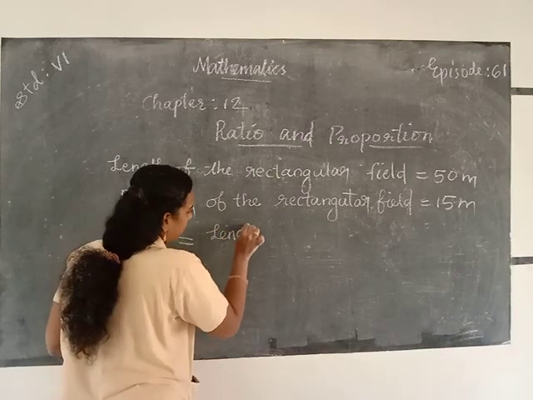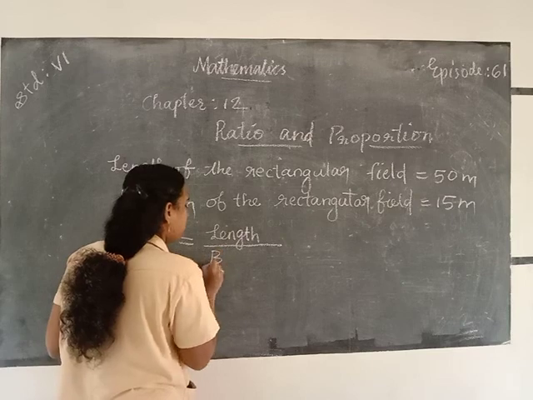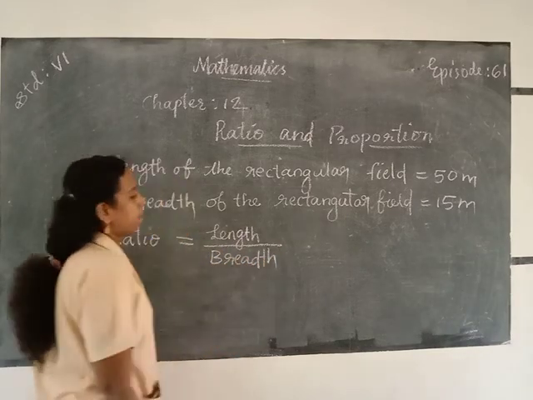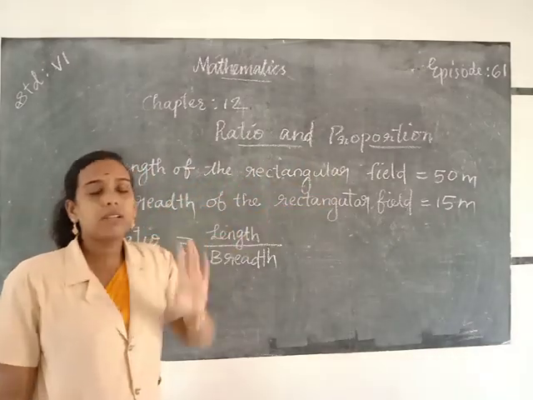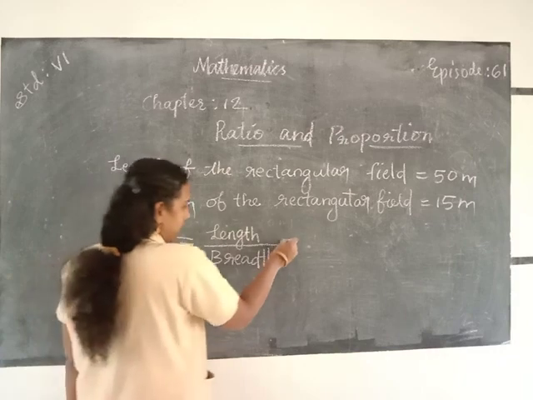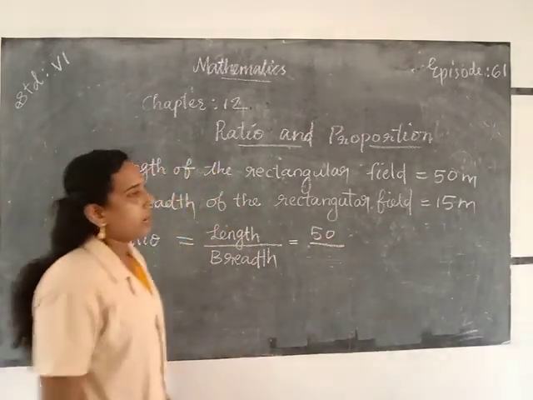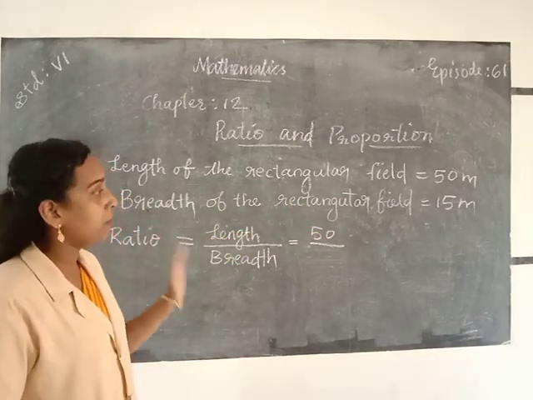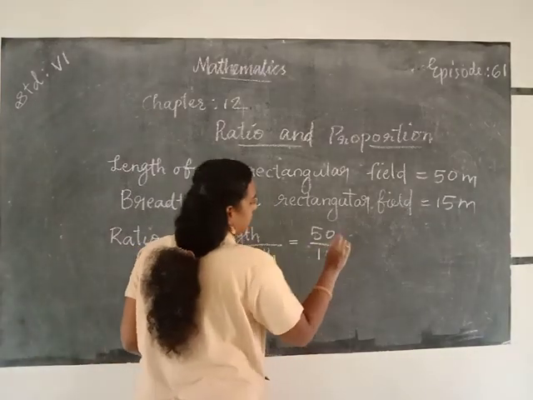Length of the rectangular field is equal to 50 meters, divided by breadth of the rectangular field, which is equal to 15 meter.